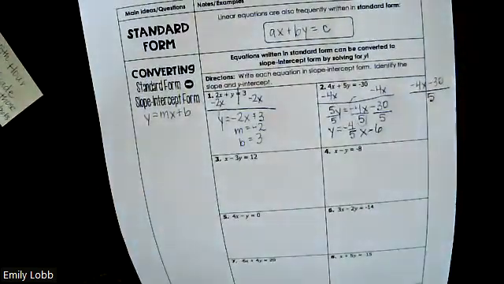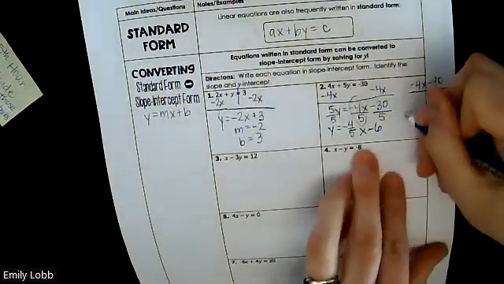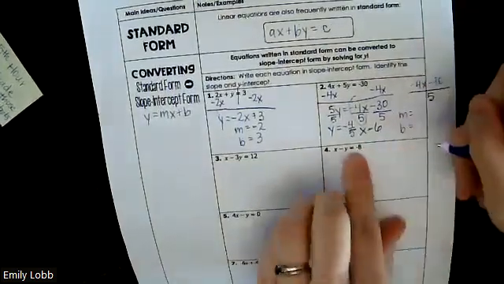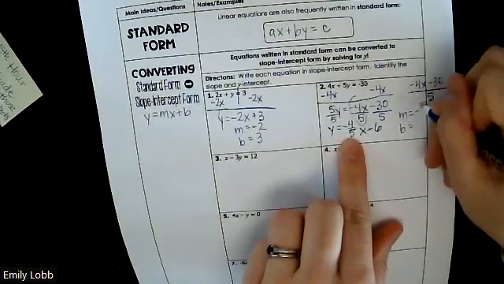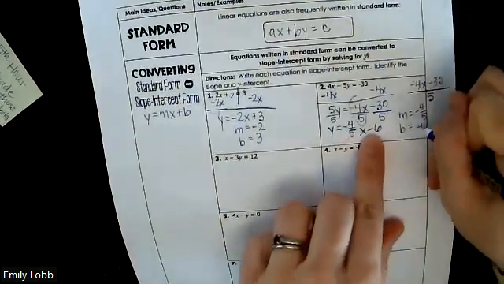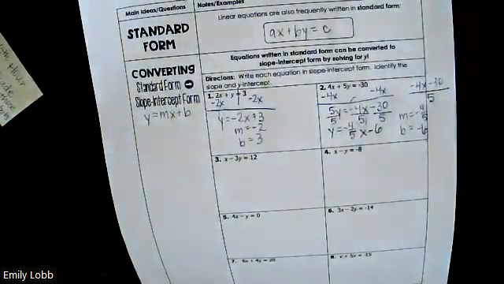So a lot of these are going to take that one extra step of dividing by the coefficient of y. But from here, we can easily figure out our slope and our y-intercept, right? Our slope is m, so -4/5. And b is -6. Our y-intercept is -6.